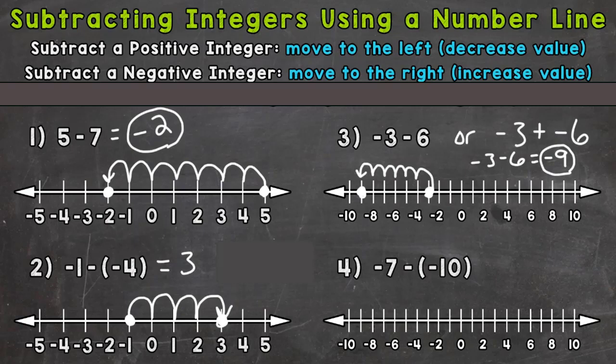And our last example is, from negative 7, we move 10 to the right, and we end up at positive 3.